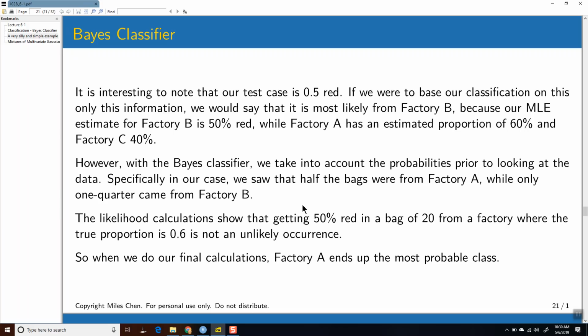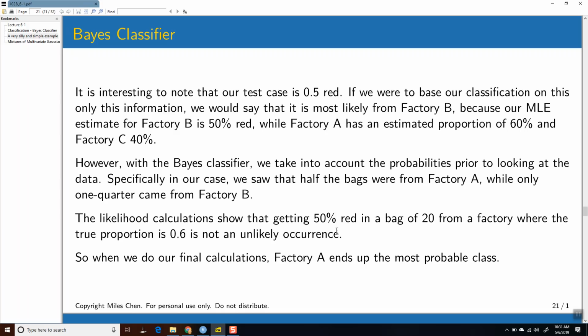But with the Bayes classifier, we take into account the probabilities prior to looking at the data. Specifically in our example, because half of the bags were from A and only 1/4 came from B, prior to looking at the data, A is basically twice as probable as B. Okay, and then when we did the likelihood calculations, getting 50% red in a bag of 20 from factory A, where the proportion is 60% red, is not an unlikely occurrence.